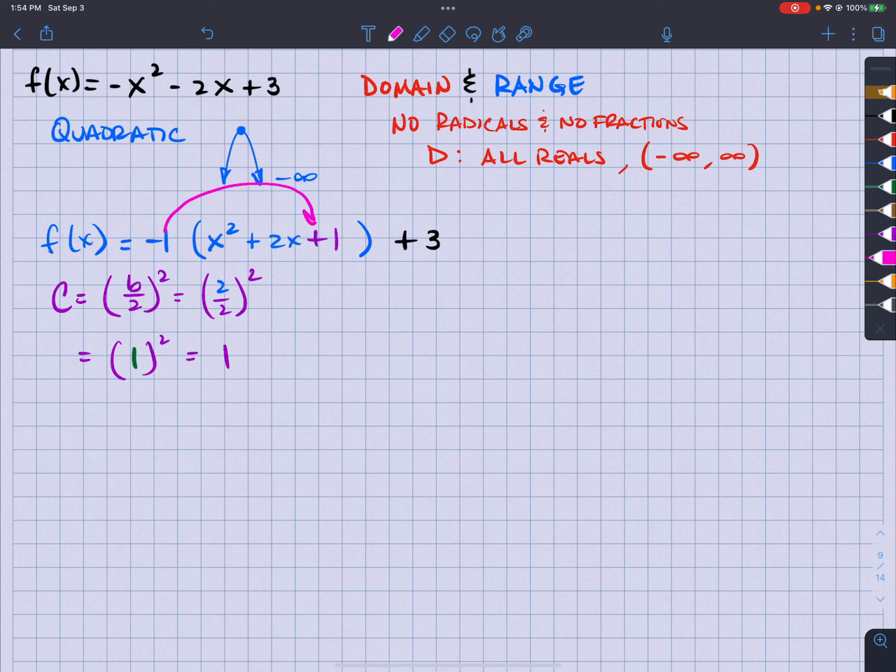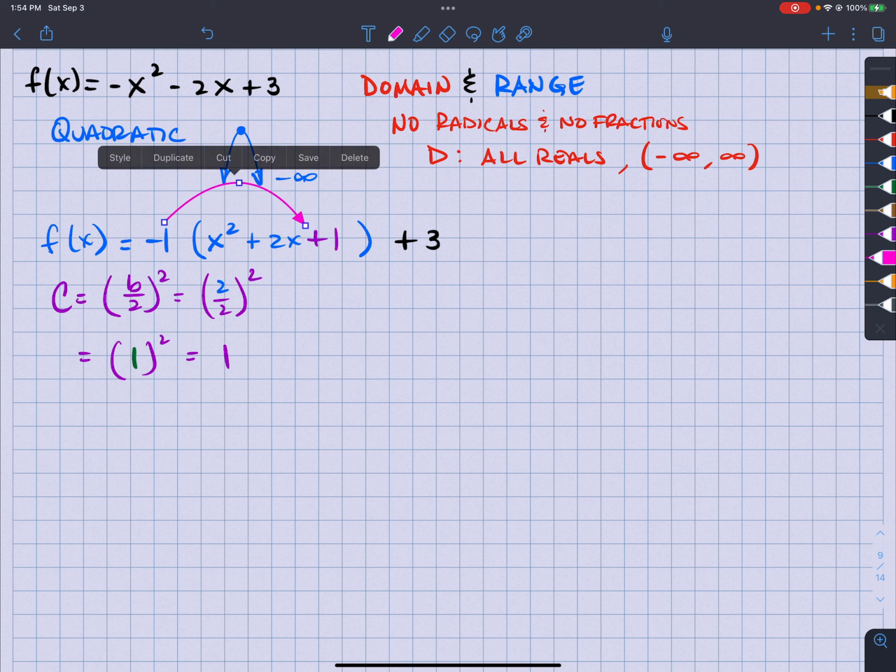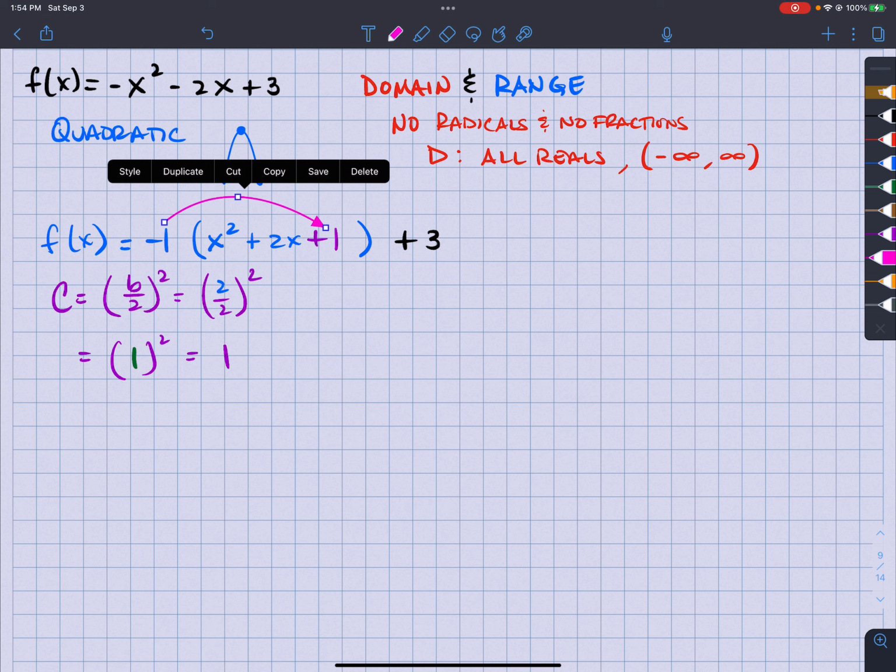Because the -1 times a +1 gives me a -1, to balance that out, I will have to add 1 here. So this way, I did not change this equation, okay?